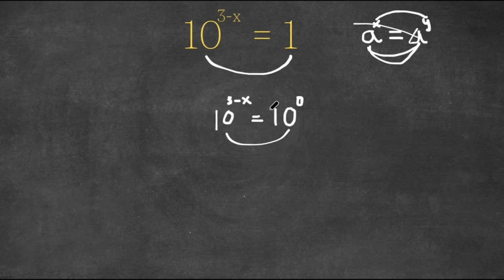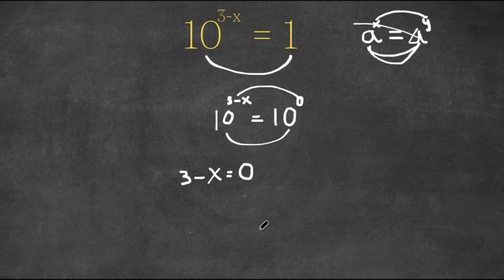Because these two bases are the same, these two exponents are the same as well. So we can just ignore the bases for now and just set 3 minus x equal to 0. Now, as you can see, we've created a simple equation.